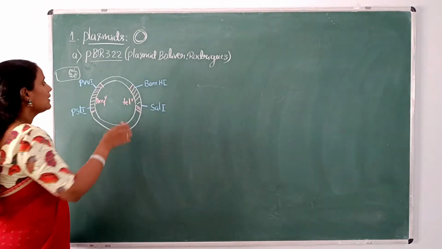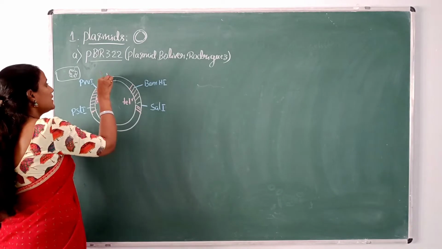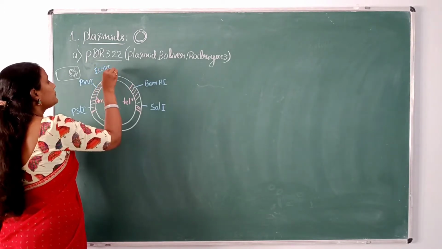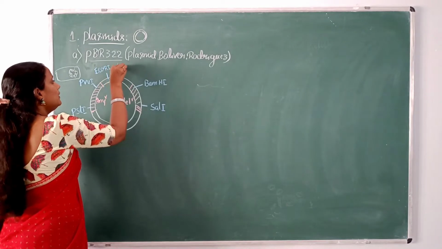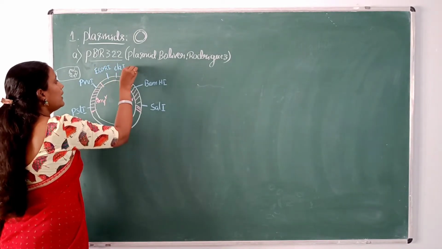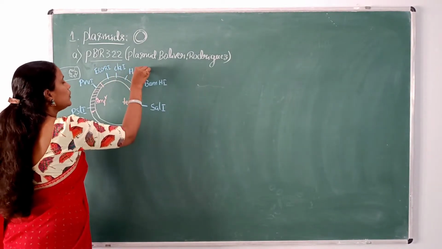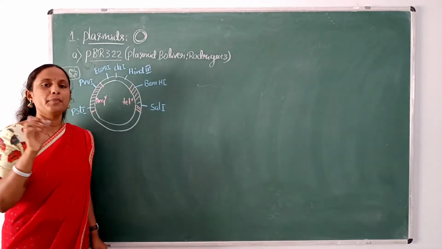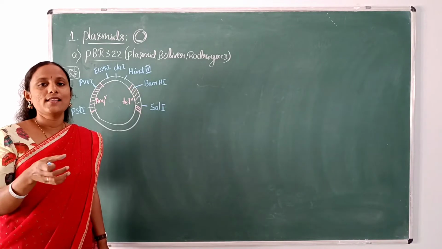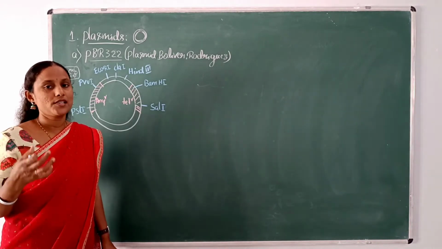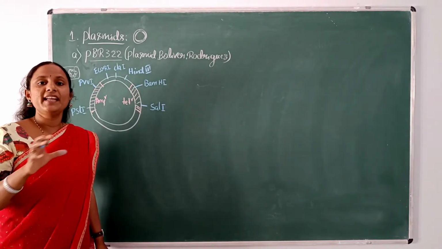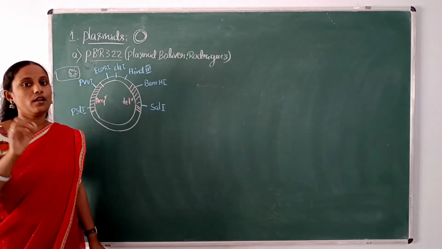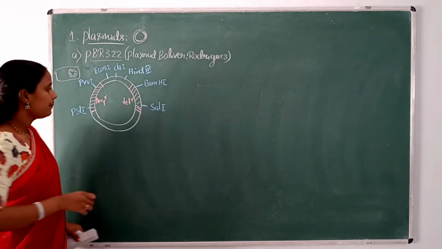Apart from this, there are other cloning sites present, like EcoRI, ClaI and HindIII. So these are the available restriction sites. And remember, pBR322 has restriction sites for 20 different restriction enzymes, and I have written here whichever are very important.